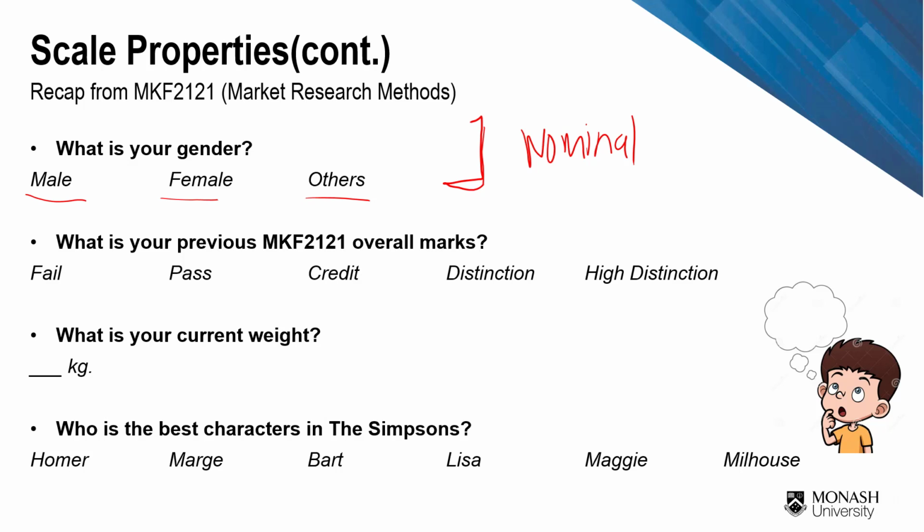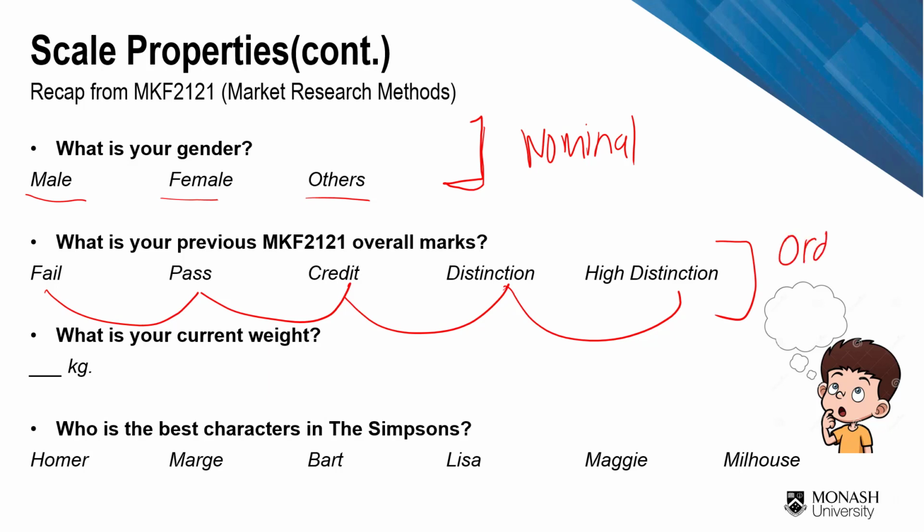But can this be nominal or ordinal? Now, as we can see there is a progression in here. From pass to credit, distinction supersedes credit, and high distinction follows the distinction. Because of that, it's not going to be nominal. Now it becomes an ordinal.